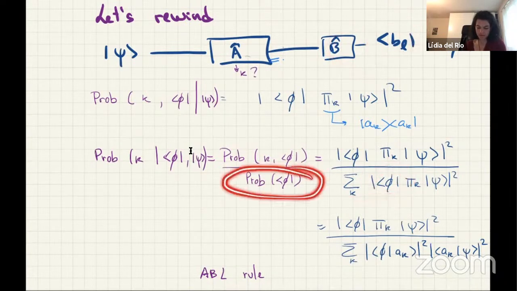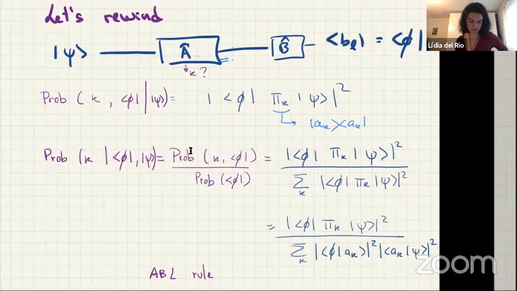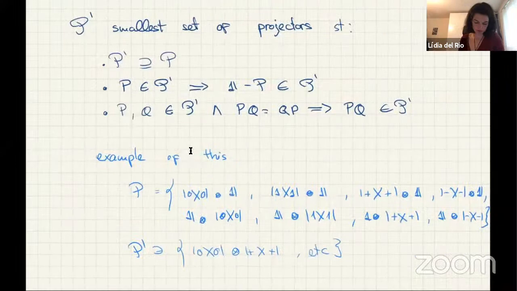That's just this probability. Yes, that makes a lot of sense. I must have missed at the beginning that the first probability is getting K and then the post-selected phi. Yes, exactly. You should interrupt when this is not clear. Okay, good.